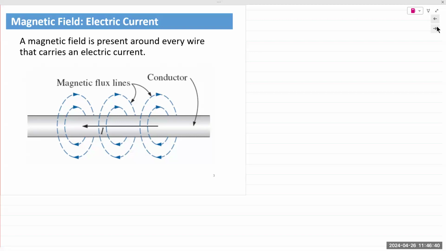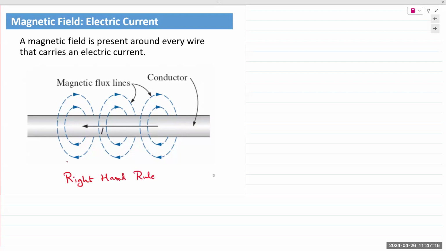But anytime current passes through a wire, a magnetic field is established around that current carrying wire. That magnetic field has flux lines. The flux lines are what comprise a magnetic field. The flux lines are continuous. There is no beginning and there is no end. They are wound around that current carrying conductor, and the direction can be given using the right-hand rule.